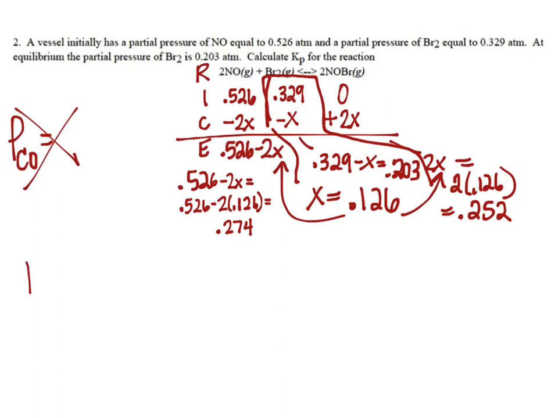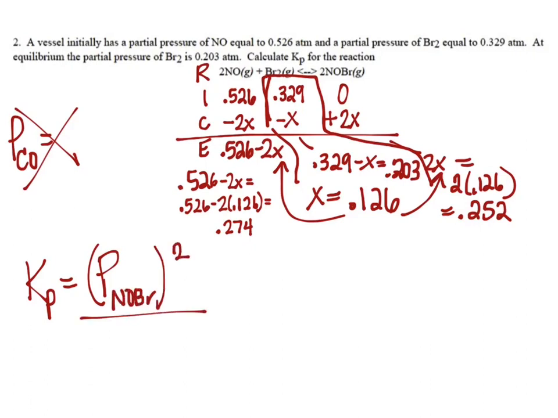So write your expression. Kp is equal to the pressure of NOBr, squared, over pressure of NO squared times the pressure of Br2 to the first power. And now we can plug in.